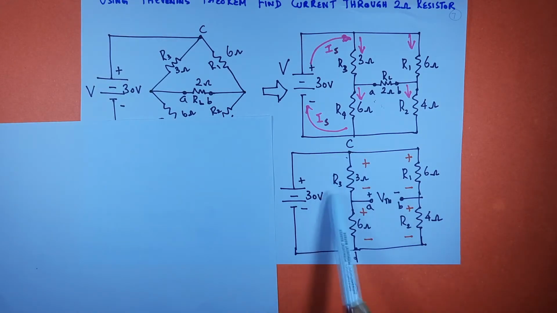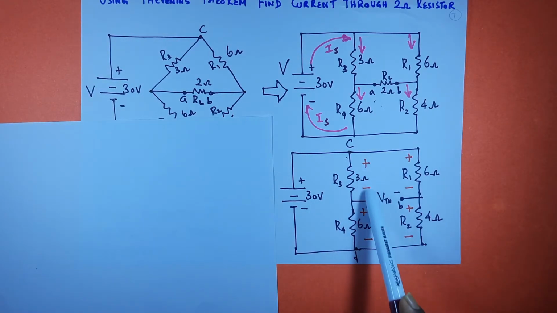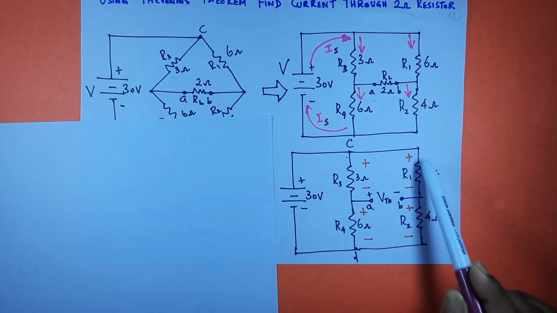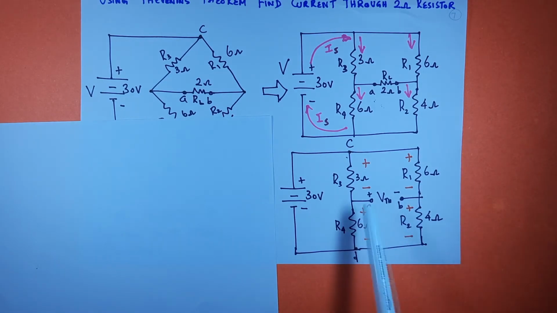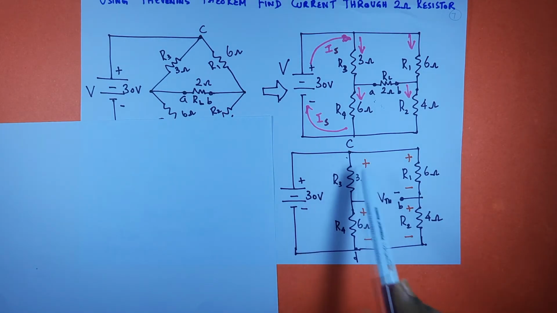Now, these are all the voltage drops, plus minus, plus minus. Voltage across R3 is VR3, voltage across R4 is VR4, voltage across R1 is VR1, voltage across R2 is VR2.